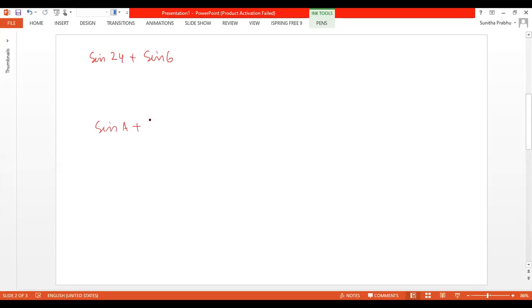If you have sine A plus sine B, I can convert this into a product. Okay, what am I doing for this? I'm looking at this one. Sine A plus sine B is 2 sine A plus B by 2 cos A minus B by 2. Are we good with this? Yes, sir.